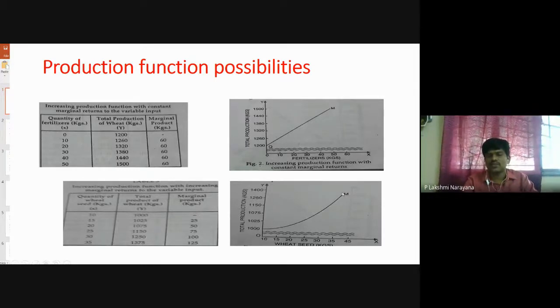You can also draw this graph. So practice these two diagrams. There are two possibilities: increasing production function with constant marginal returns to the variable input, and increasing production function with increasing marginal returns to the variable input.